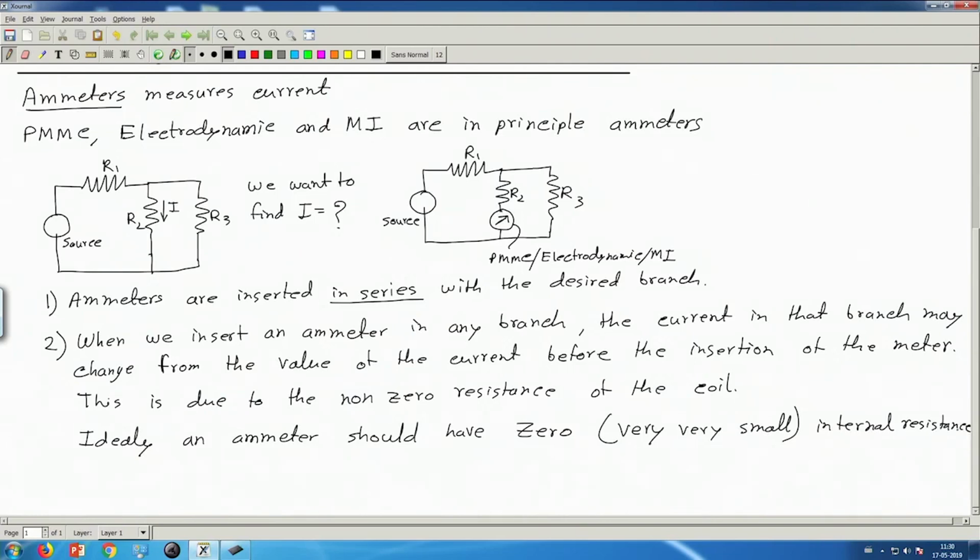This is the second fact about ammeters: we would like ammeters to have very low internal resistance or internal impedance.